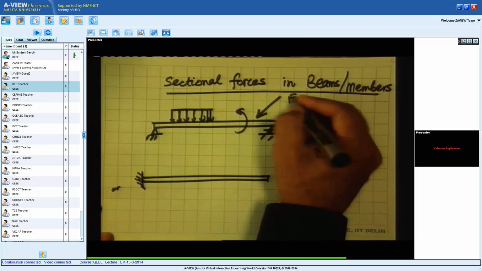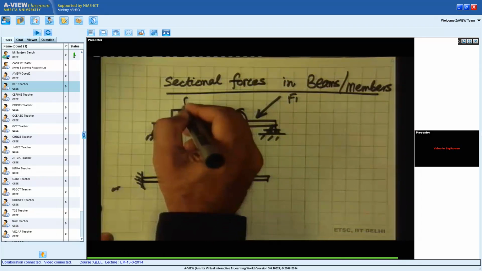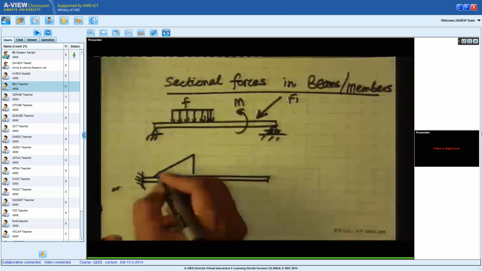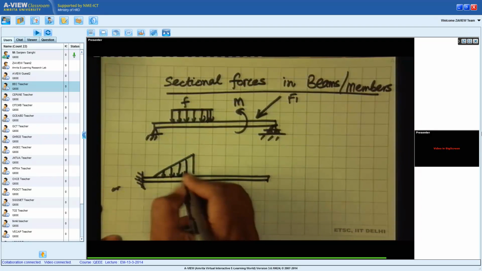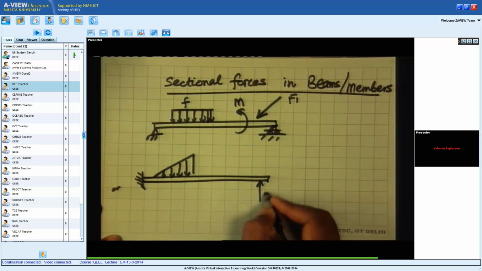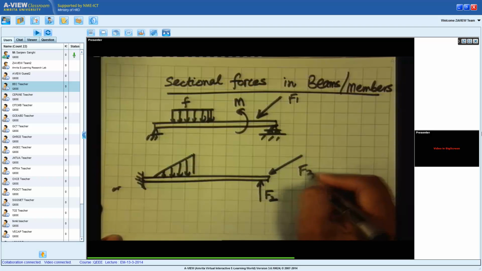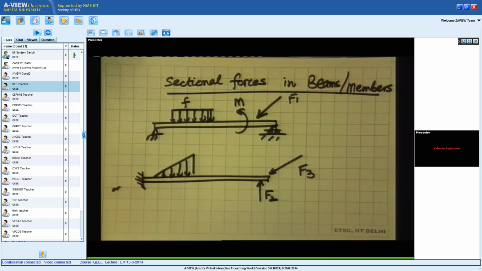So we have a force F1, there's a distributed force F, and there's a moment M, or let us say in this one we have a distributed force F, there's a force F2, a force F3, and so on.